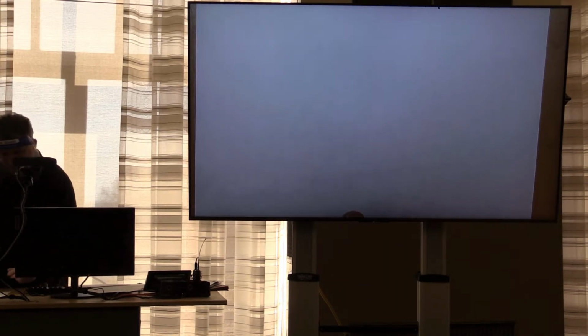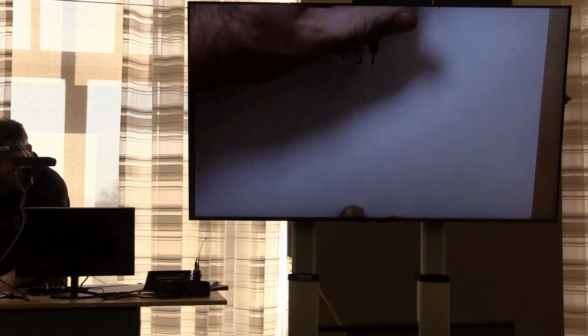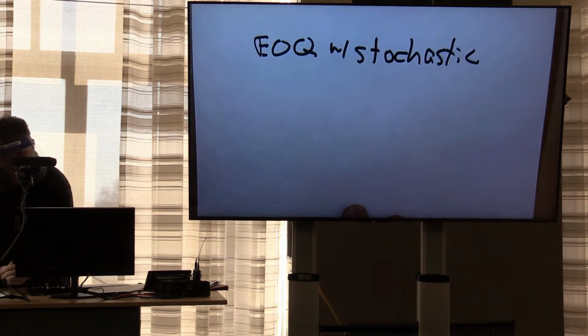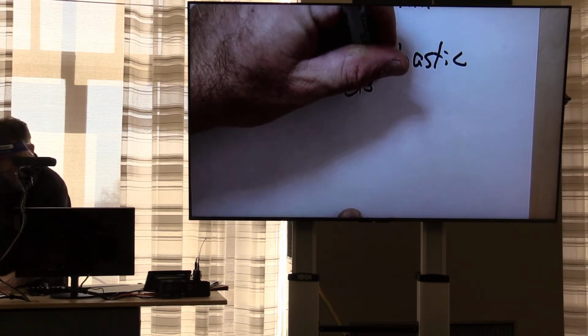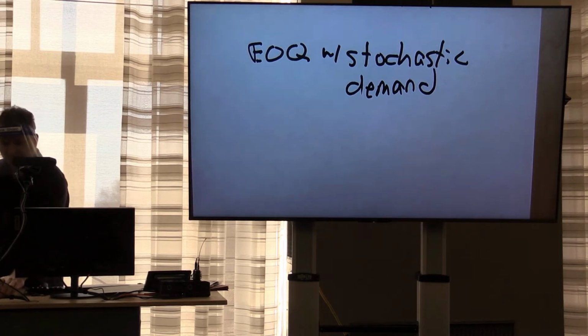But now we've got the economic order quantity with stochastic demand. And stochastic just means random.